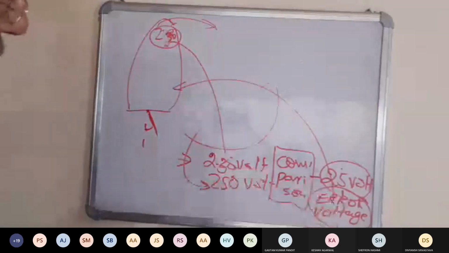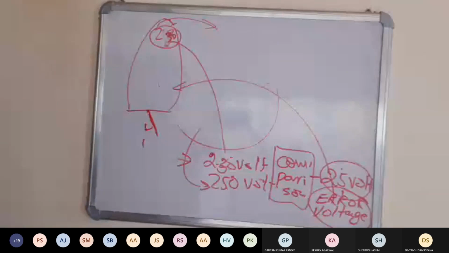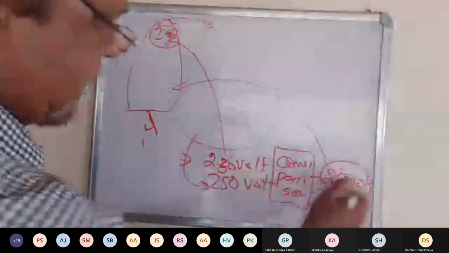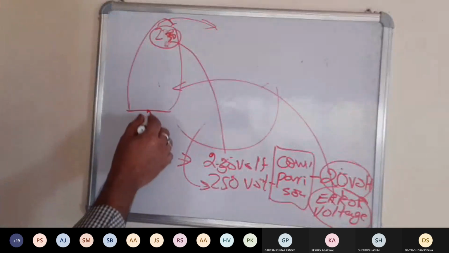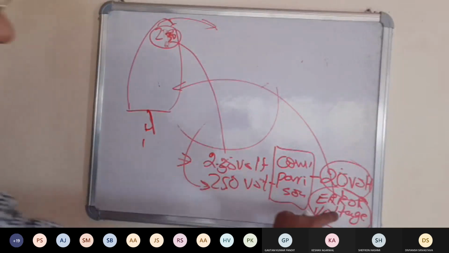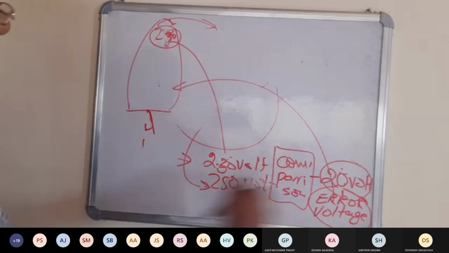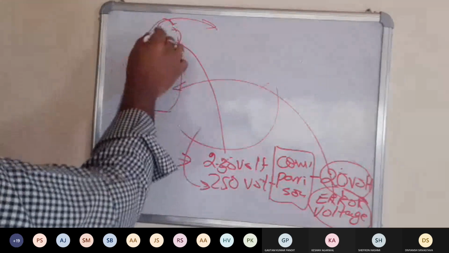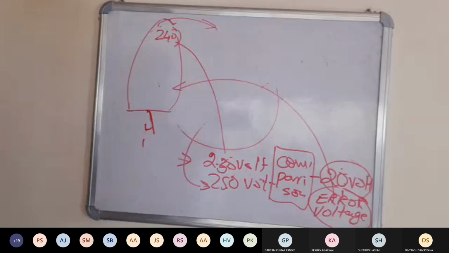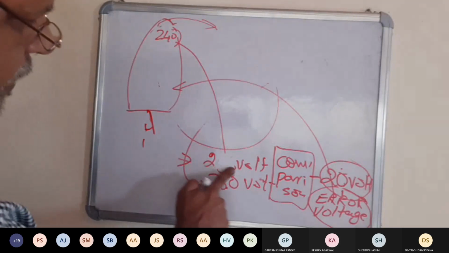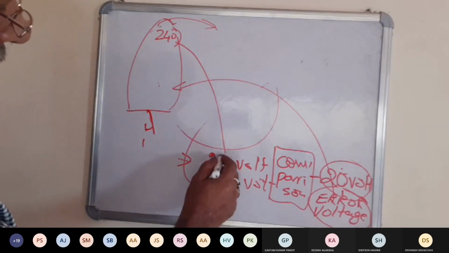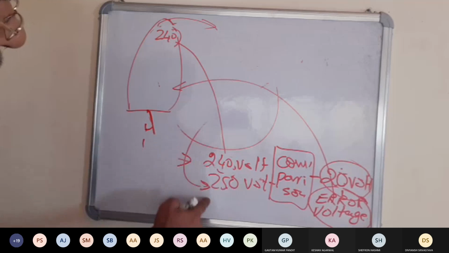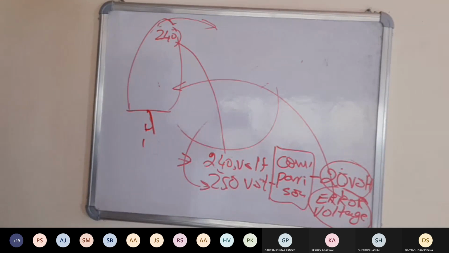So what is the error voltage now? 20. So the rudder will be reduced a little bit, not for 25 volt, but now for 20 volt. When the ship goes to 240, the input voltage to the autopilot is 240. What is the difference? 10.